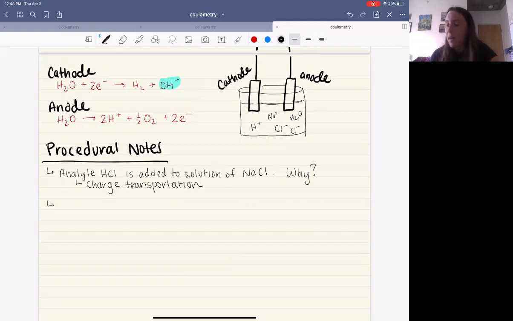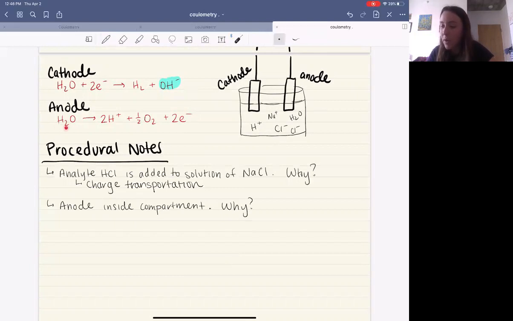Another thing is that we need to store the anode in a compartment. We can't just stick it directly into our analyte solution. Why do we need to put the anode in a separate compartment? Well, as you can see in the reaction above of what happens at the anode, and this is just one reaction that happens at the anode, there are a couple side reactions too, you'll notice that it generates more H+.